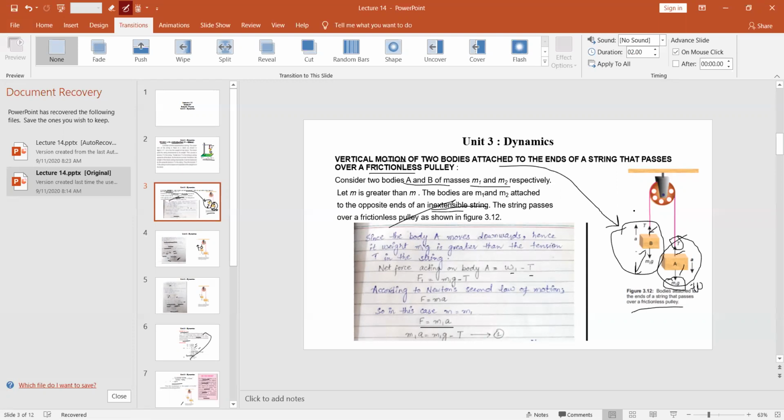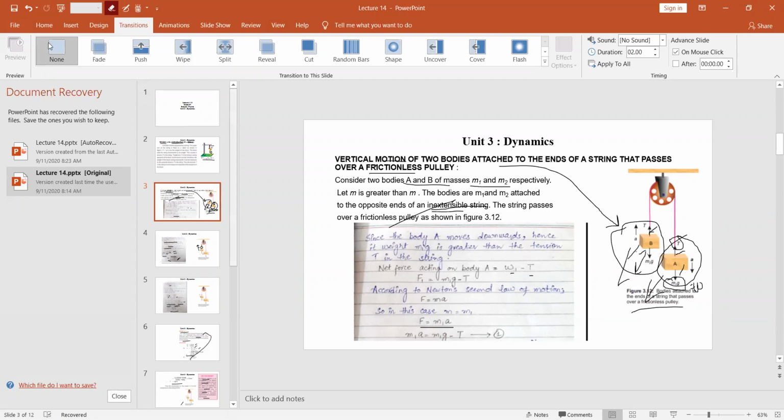The force we are applying will be different on block A and block B regarding their masses, right? So just consider block A. When force is applied on block A, obviously it has more tendency to move downward, as shown in the figure, right?